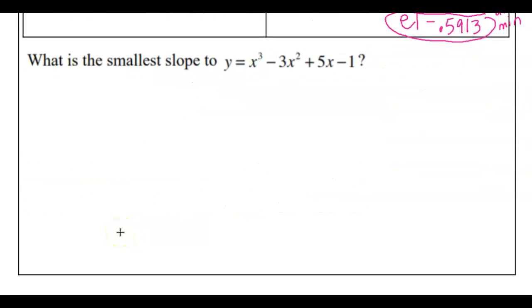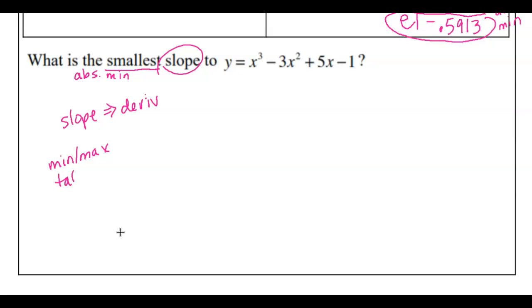All right, the last question says, what is the smallest, so that means minimum, absolute minimum, slope? Okay. So what we really want to do is we want to minimize the slope. So the slope is the derivative. And this is the original curve. So if I want to minimize or maximize something, keep in mind that means you take its derivative, set it equal to 0.